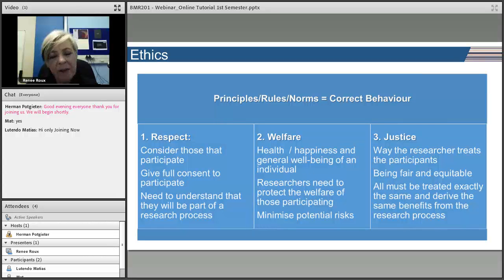Why do we emphasize the protection and the confidentiality of the individual that participates in research? Depending on the type of research, it can come back and harm a respondent. Let's say, for instance, you do research in an organization to understand the health and happiness of employees in a little department.